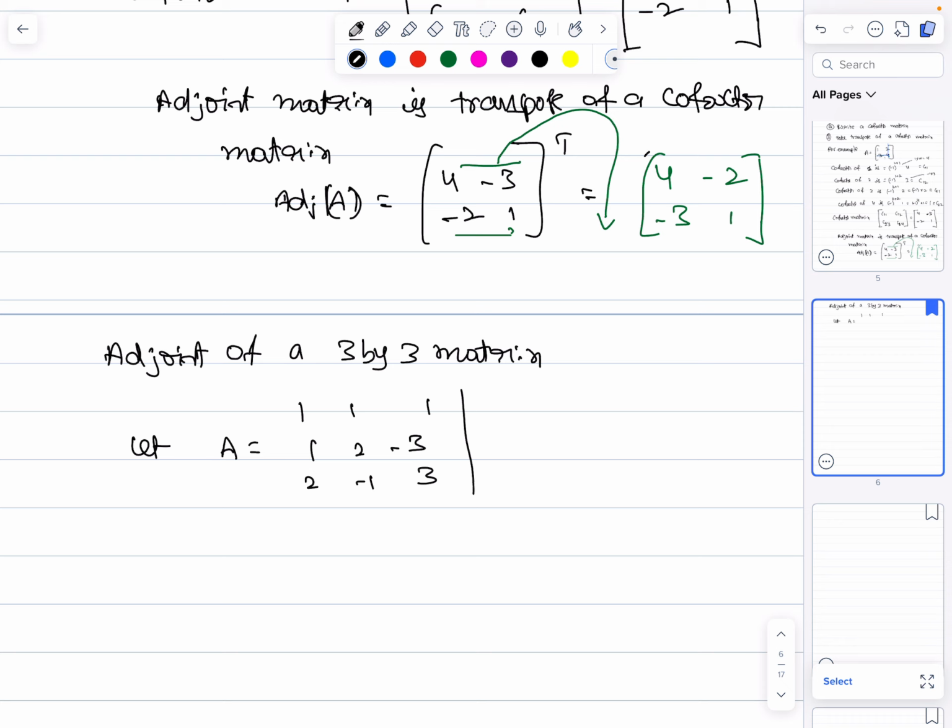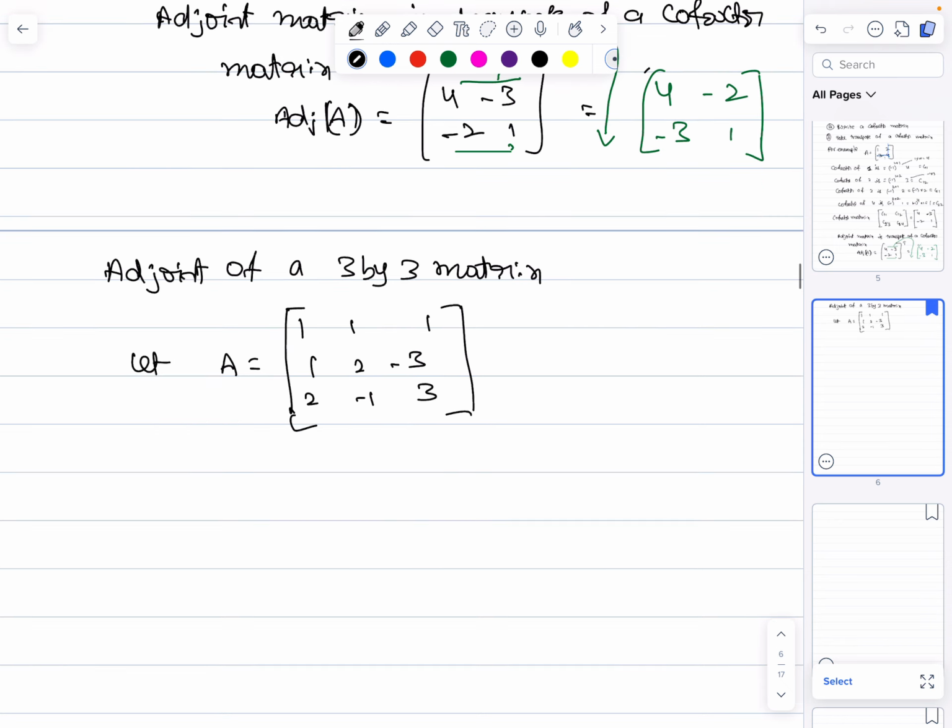This is my A matrix. Now, if A is equal to this, find the adjoint of A, a 3 by 3 matrix.